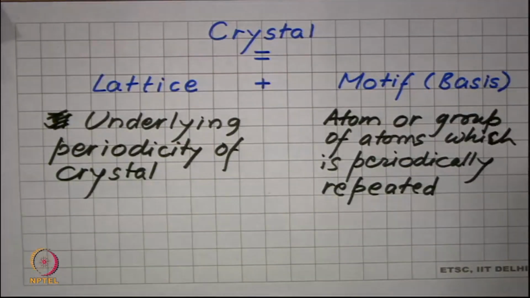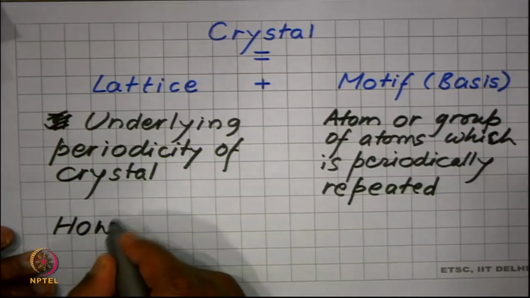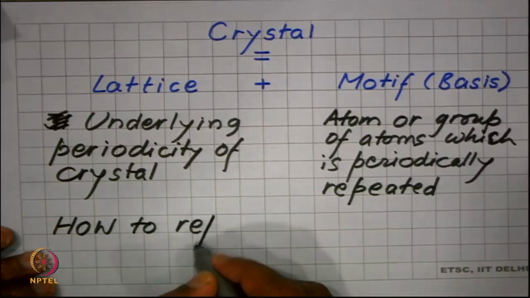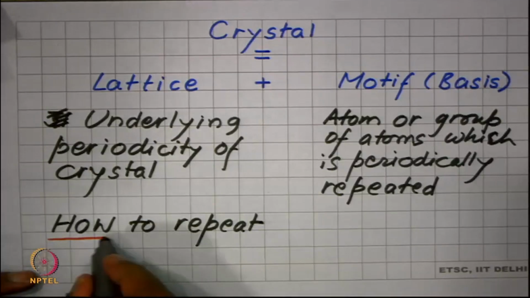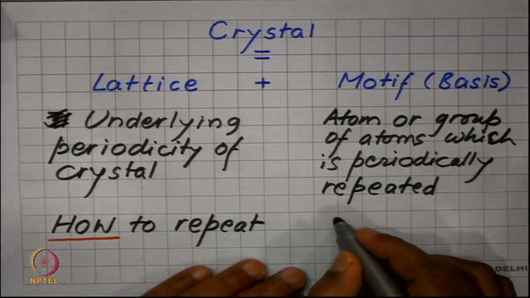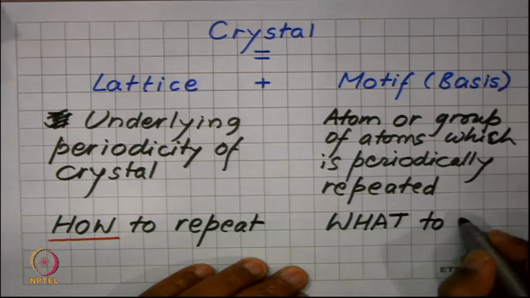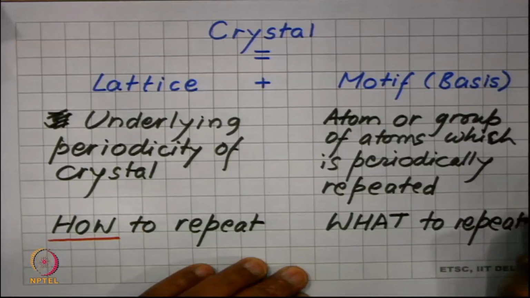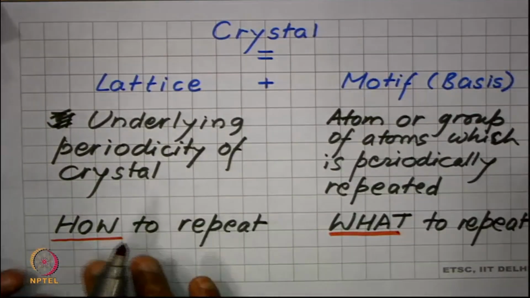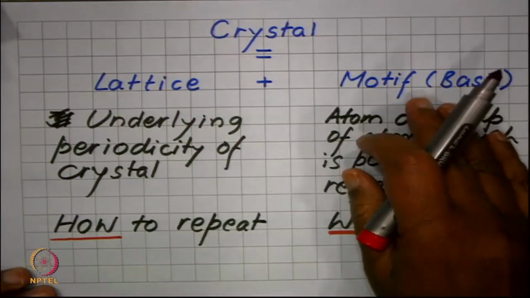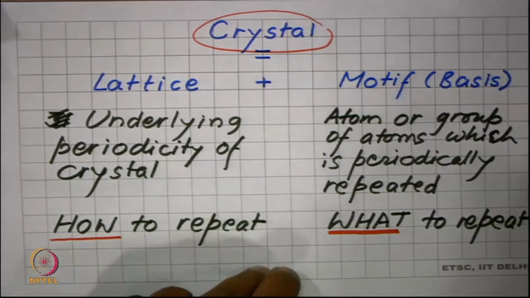Or if I put it even more simply, lattice tells you how to repeat, whereas motif tells you what to repeat. So, when you have both this information, how to repeat, the lattice, and what to repeat, the motif, you get the complete information of the crystal.